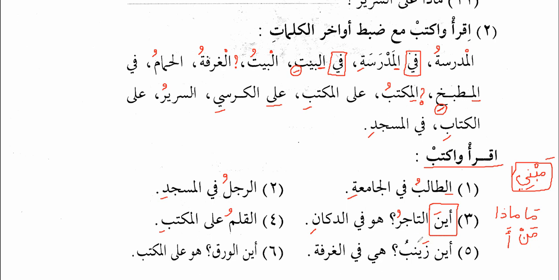Aina Zainabu. Now this is another feminine name, but it does not have a tamarbuta. Some names come like this where you don't find a tamarbuta. So one may say it's not a female name, but there are some feminine names which do not carry tamarbuta. For example, Salma.